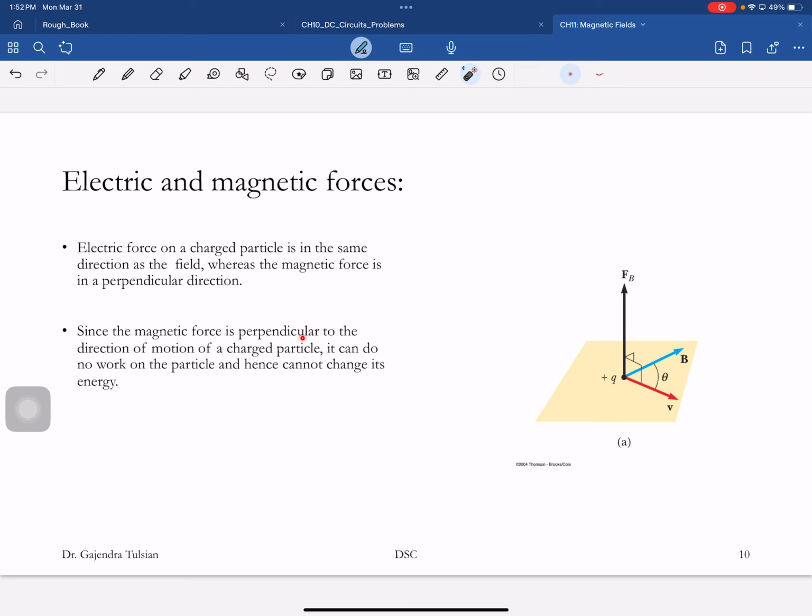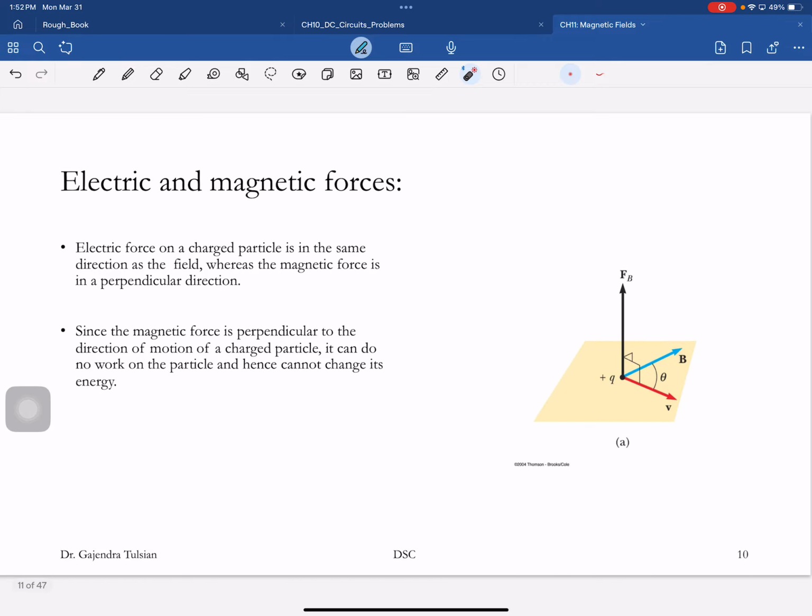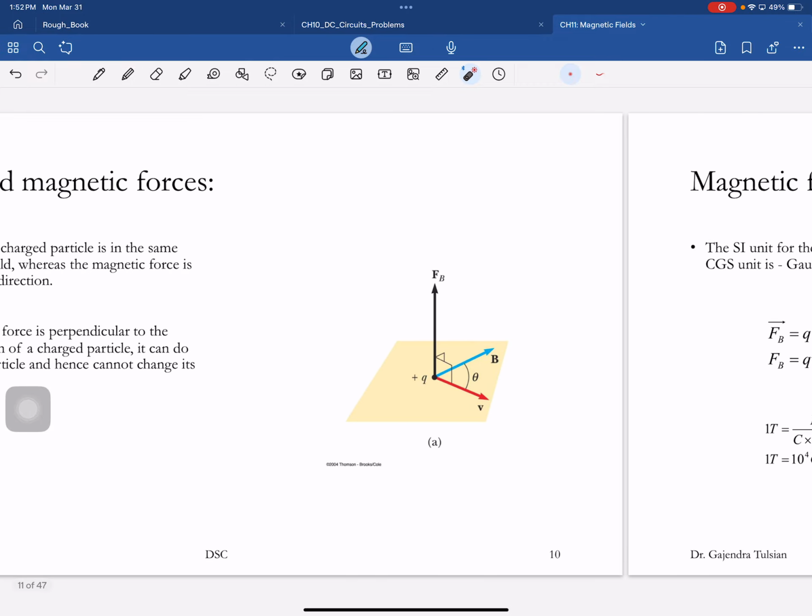Since the magnetic force is perpendicular to the direction of motion of the charged particle, it can do no work on the particle and hence cannot change its energy. So you can't increase the energy of a charged particle by placing it in a magnetic field.